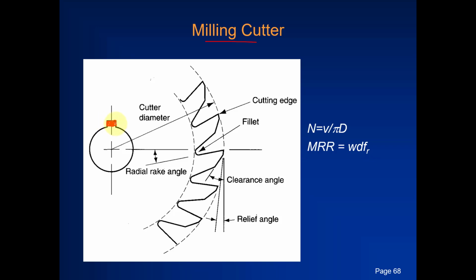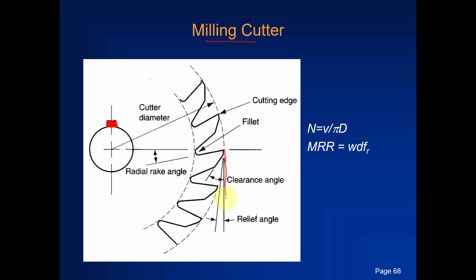Sorry, this is the keyway in which this rectangular key will be inserted, so that both the milling cutter and shaft lock and do not slip. These are the cutting edges. Clear?